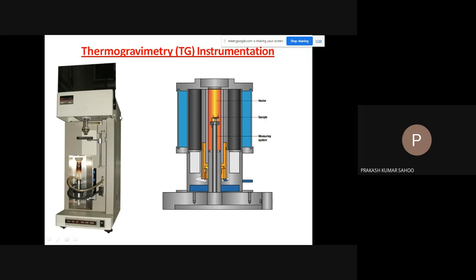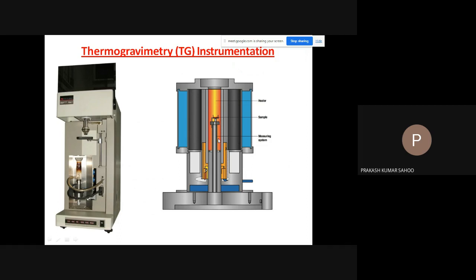Then this is the thermogravimetric instrument or machine. This is a highly advanced TGA, and this is the empirical figure where the heater is here, meaning the heating chamber, and this is a sample holder where we put the sample.